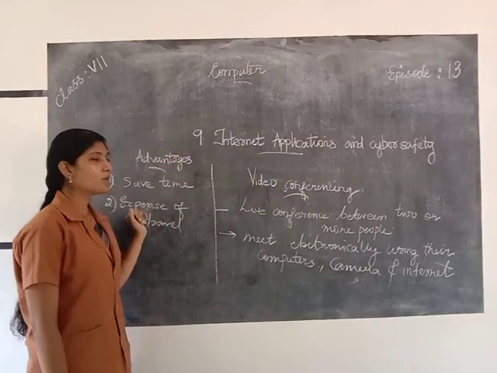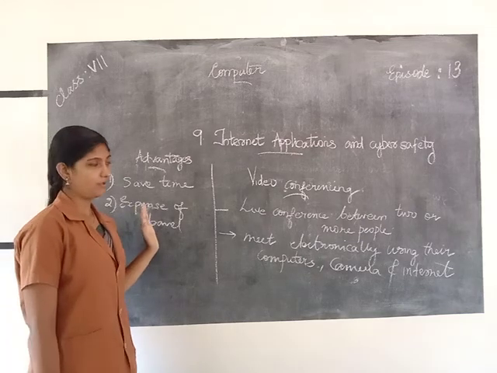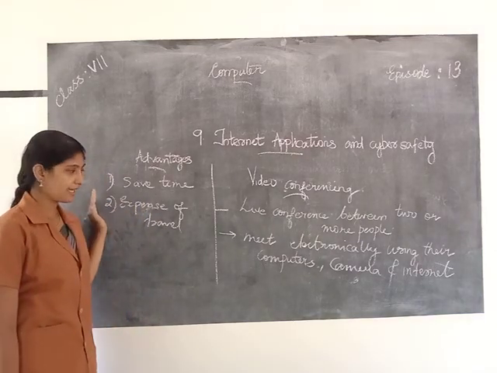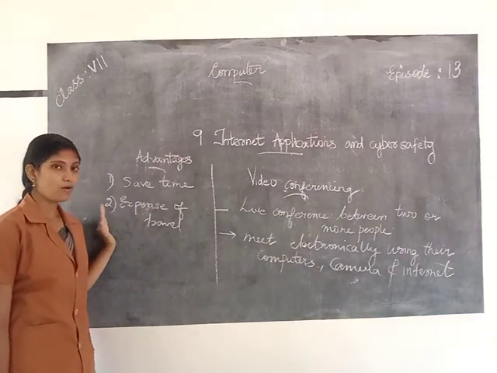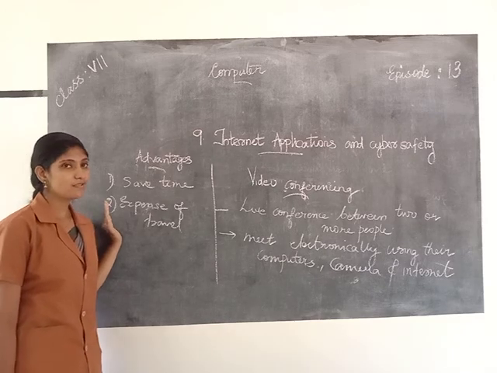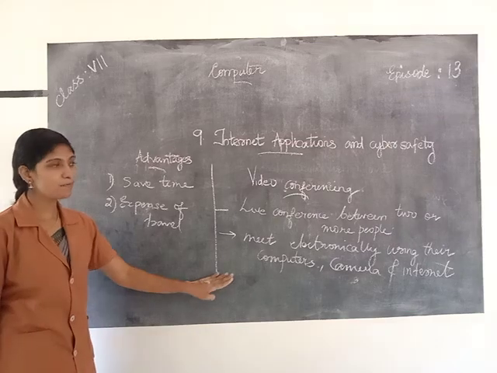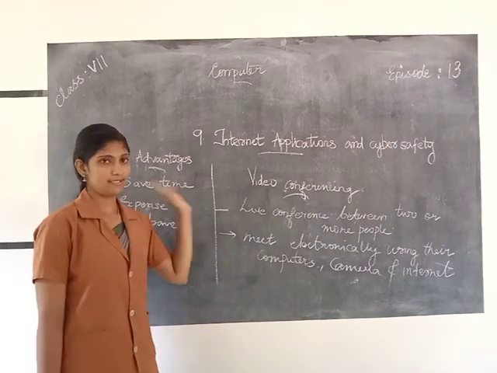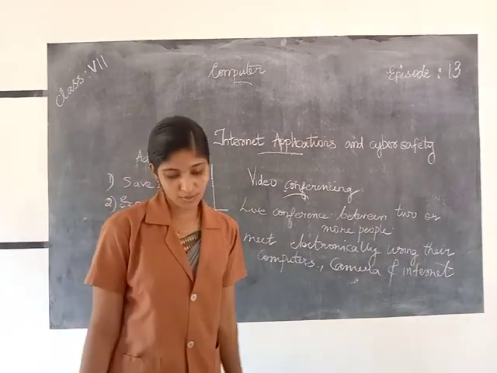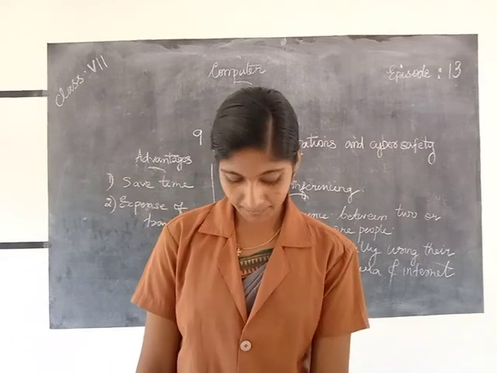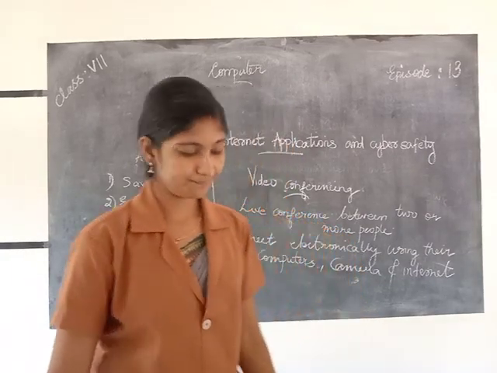Next, what are the advantages of video conferencing? It saves time, and it also saves the expenses of traveling. So these are the main important points in video conferencing, right? Let's move to the next topic, news groups.